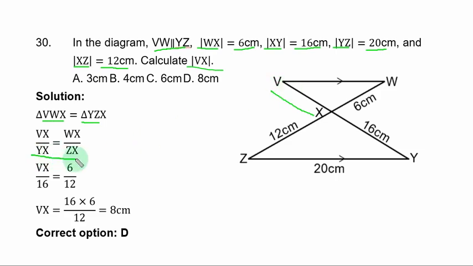You are looking for VS, YS is 16, WS is 6 and ZS is 12. If you make VS the subject, you have VS equal to 16 times 6 divided by 12, and that is 8 centimeters. D is the correct option.